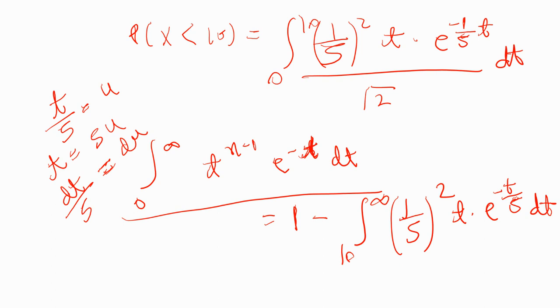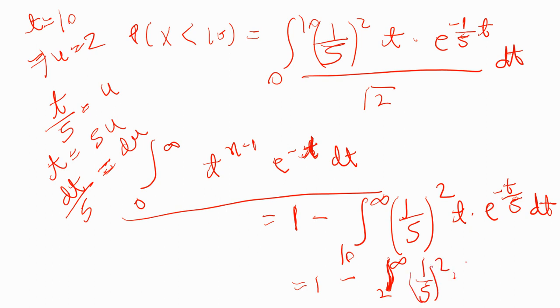Next thing is the change of limit. When t is equal to 10, u is equal to 10 upon 5, that will be 2. So it will convert to 1 minus the integral from 2 to infinity, because when t is infinity, infinity upon 5 will also be infinity. 1 upon 5 squared, t is 5u, e to the power minus u, and dt is 5 du.